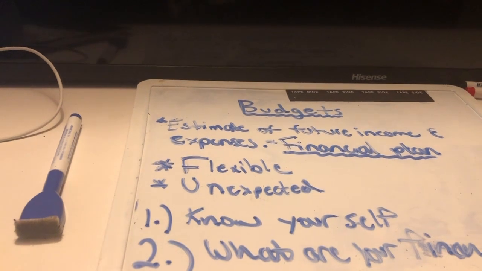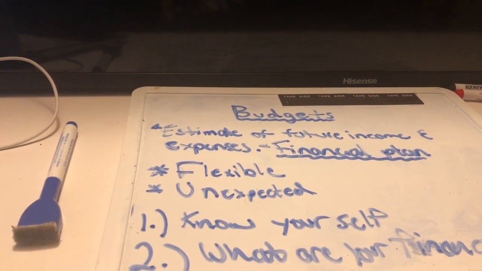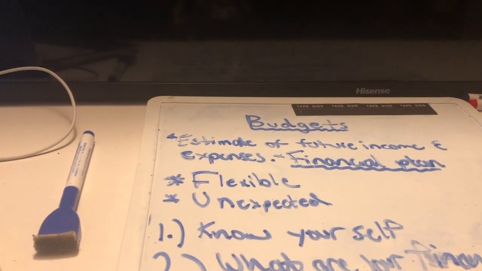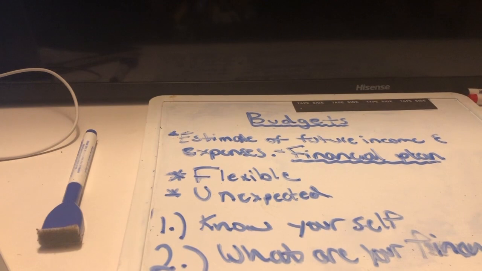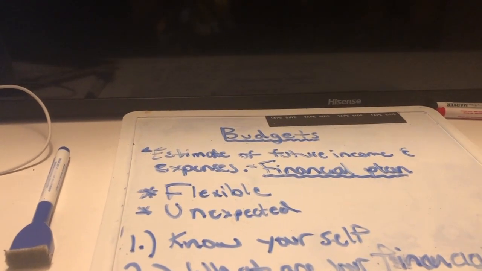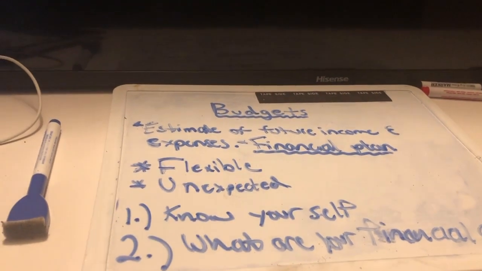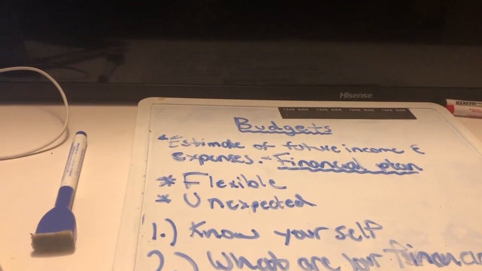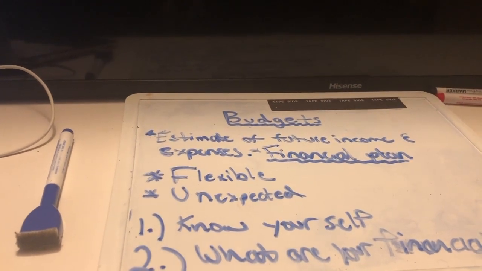And then you also have to think about unexpected bills, which we'll talk a little bit about. So it's always important to keep enough money in your budget so that you're also preparing for unexpected bills. Why do people create budgets? They do it to ensure they have enough money to afford the lifestyle they would like.